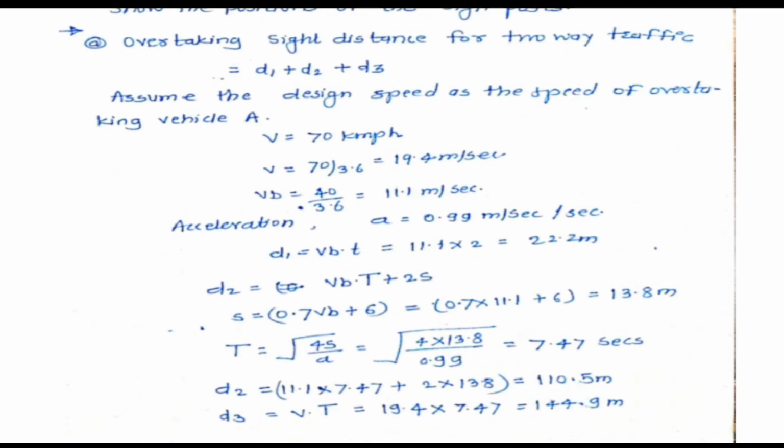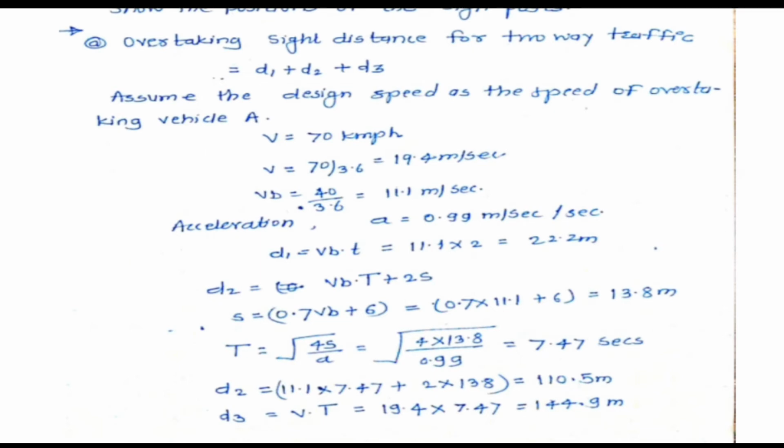Now to calculate the time t, we use the formula under root of 4s upon a, that is acceleration, that equals under root of 4 multiplied by 13.8 divided by 0.99, that equals 7.47 seconds.